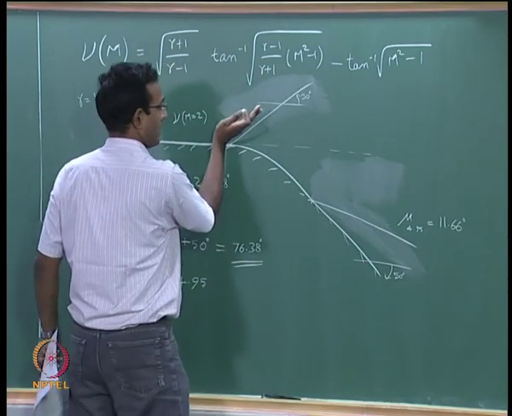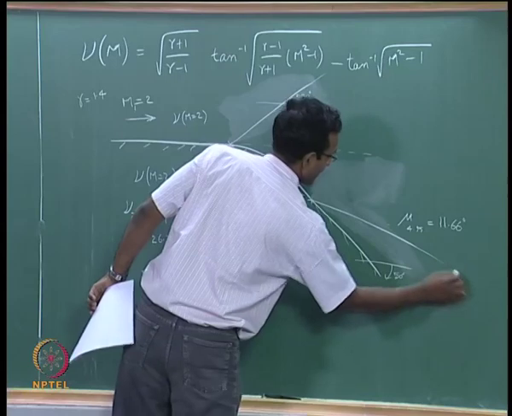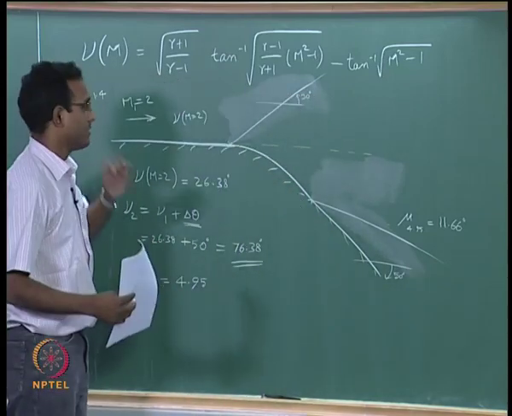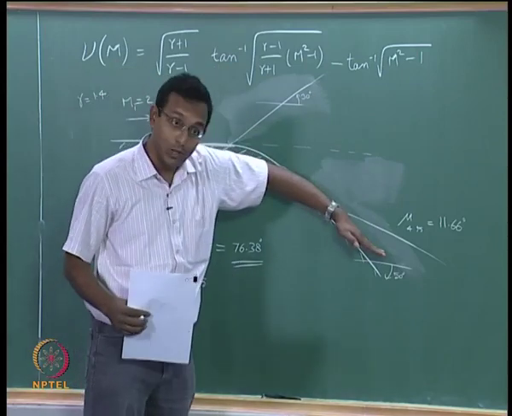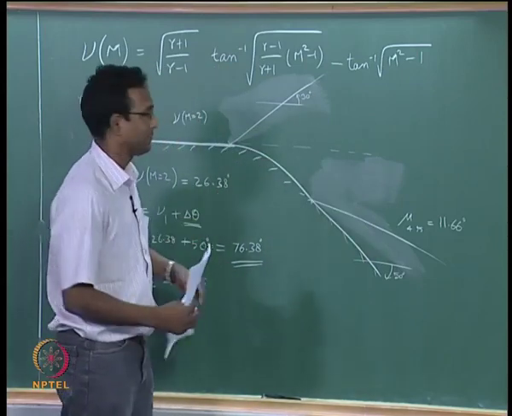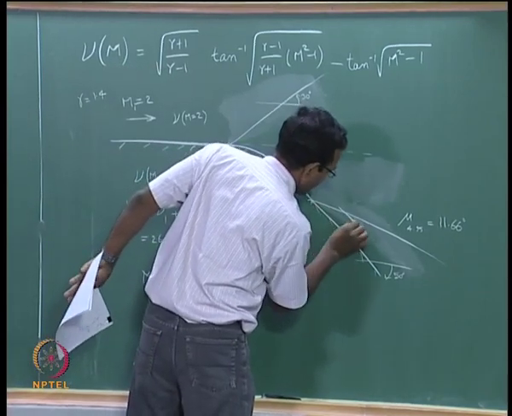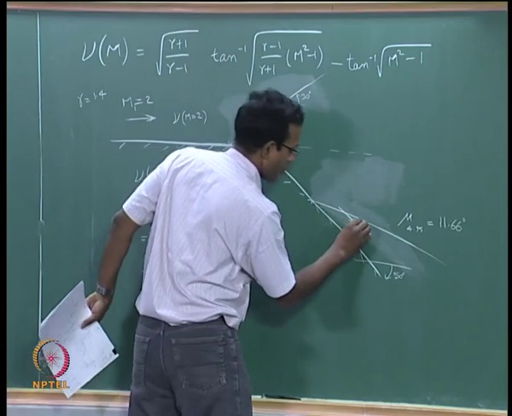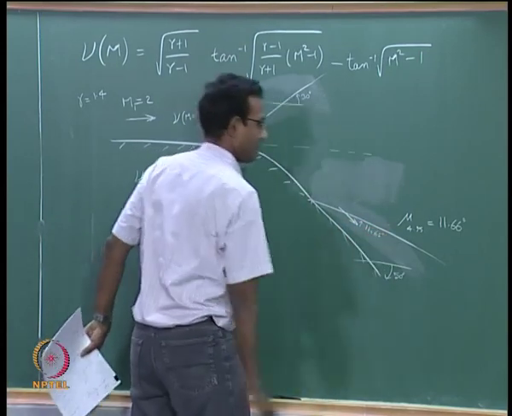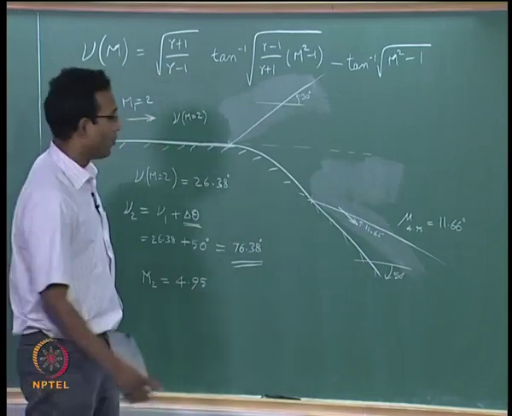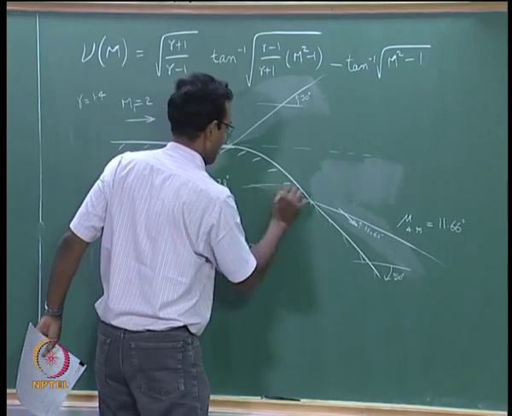Now my initial expansion wave line goes like this, final one goes like this. This is the correct way to draw it. It actually crosses the horizontal and goes below also. For this particular case it does. What matters is that with respect to the local velocity vector direction in there, I am going to have that 11.66 degrees. This is the last wave. So overall this final angle with respect to my horizontal will be what?